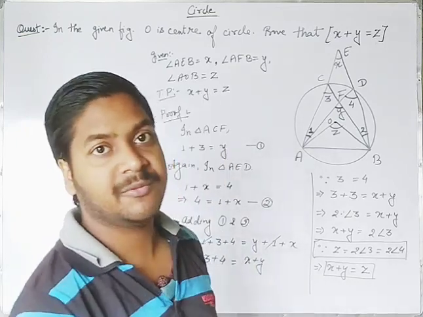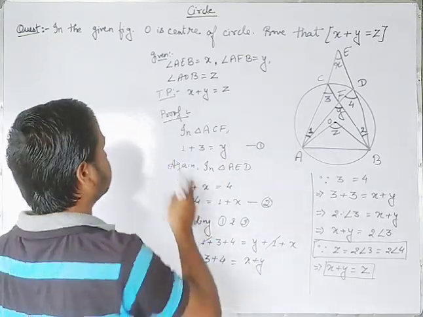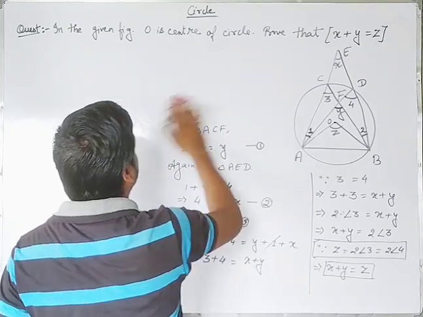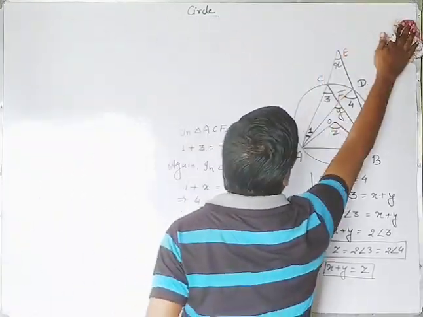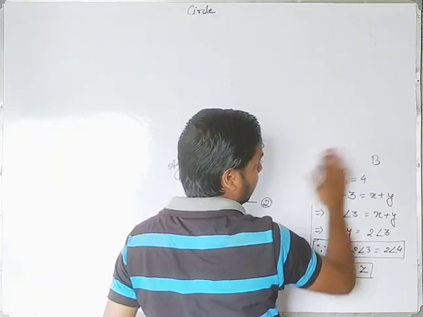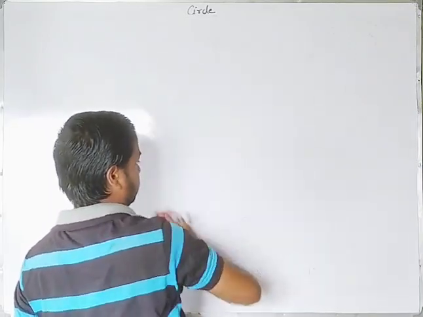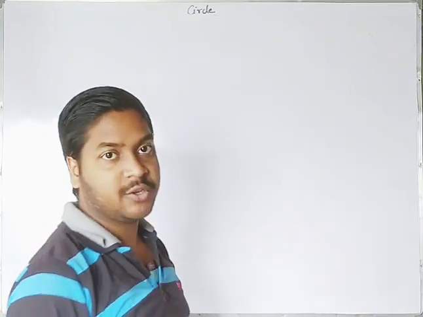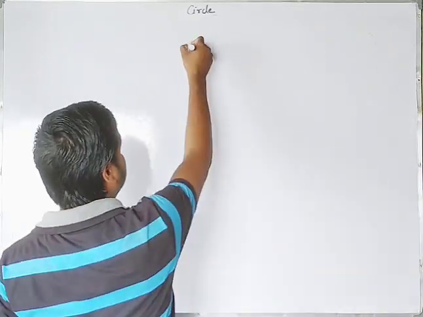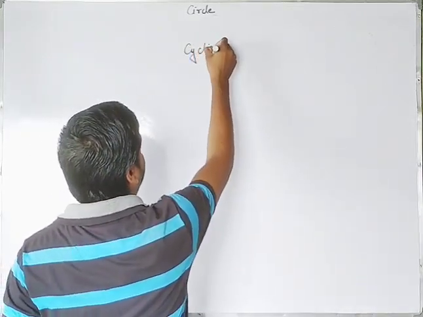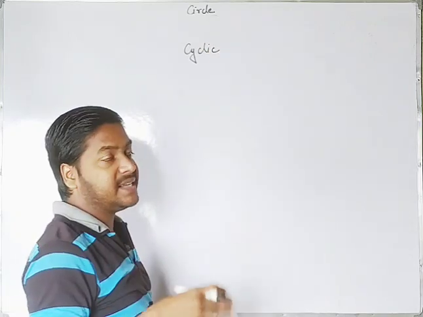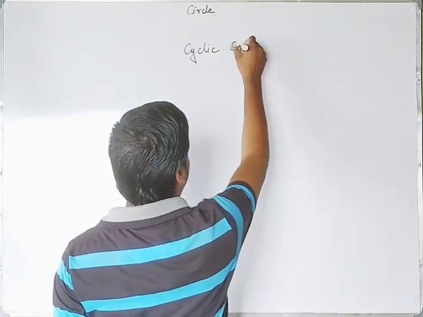One more part that we will study here is the last theorem, or last property, of this chapter, regarding cyclic quadrilateral. You know that any quadrilateral made inside the circle is called a cyclic quadrilateral.